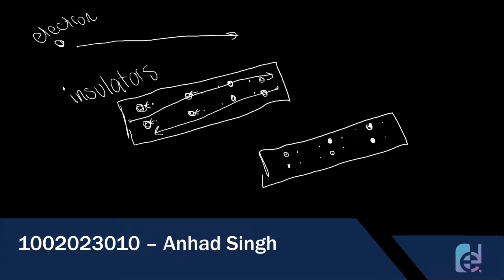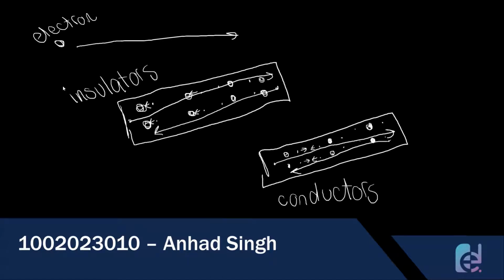In conductors, the nuclei don't really hold on to the electrons that well, so the electrons are more free to move around. They don't have as much resistance, so you can imagine that it would be easier for electrons to move from one end to the other end. So it's going to be easy for electricity to flow through them. We call these materials conductors.